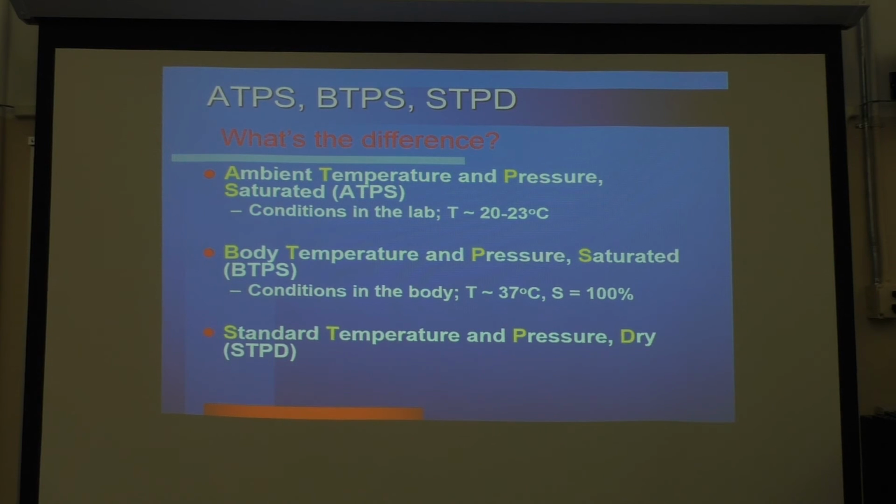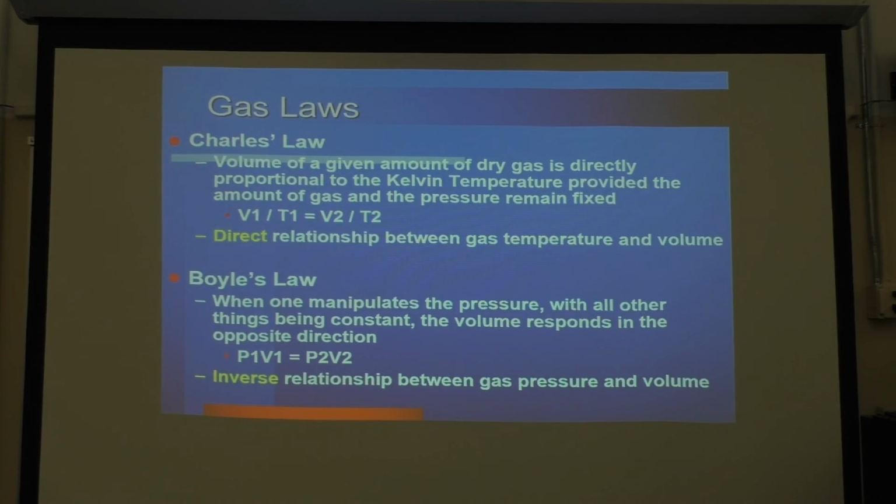To begin our conversation today, I think I want to go back to this very simply. These gas laws, which I'm sure you've seen before: Charles' law and Boyle's law. Charles' law is probably the one that people can relate to the most. Basically it states that there is a direct relationship between a gas temperature and the volume of that gas, presuming that the pressure remains constant. Boyle's law is a little bit different.